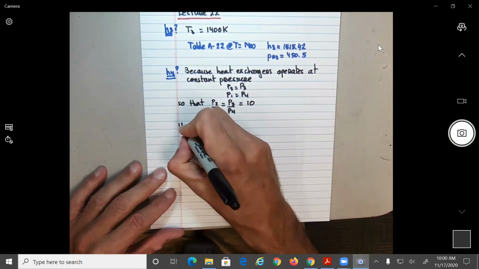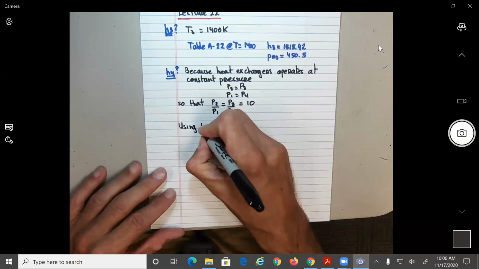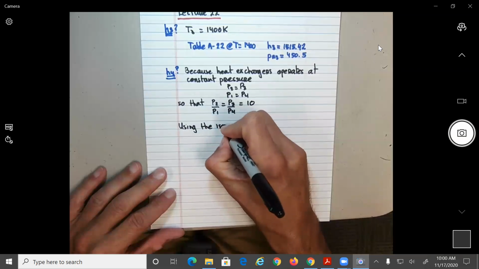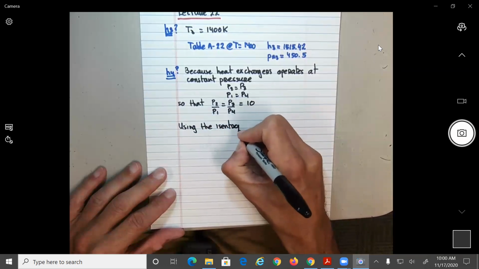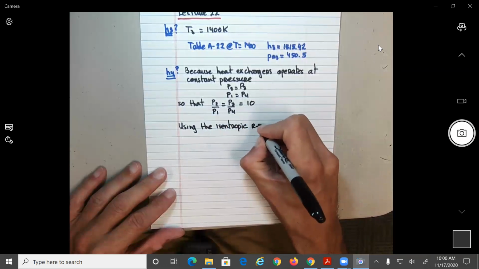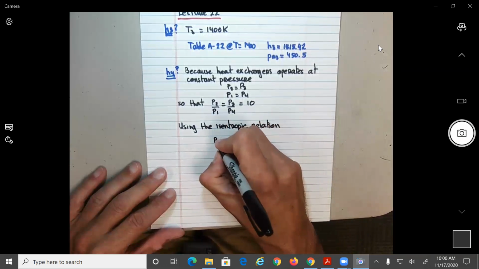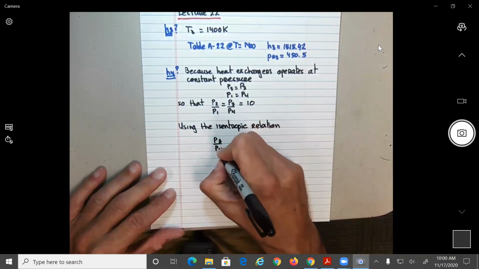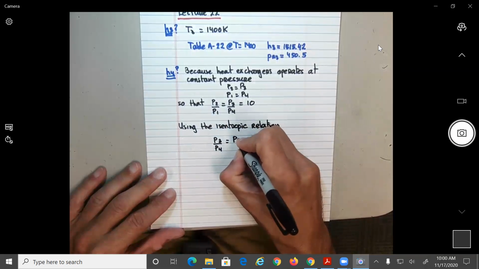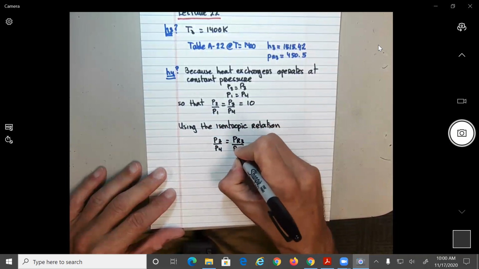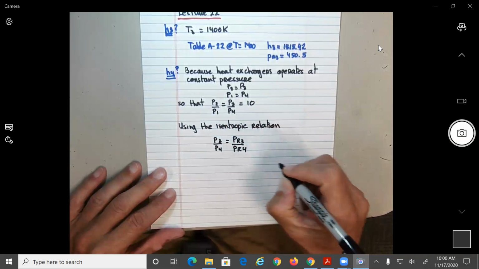Okay, so using the isentropic relation, something we did the other day, the ratio of the pressures, P3 over P4, will be equal to what? To the ratio of the P sub R's.